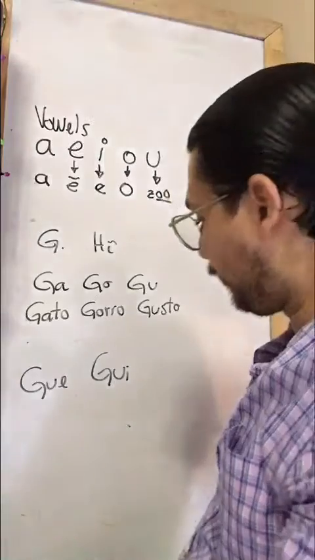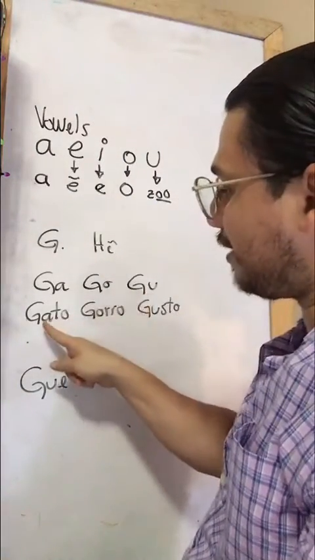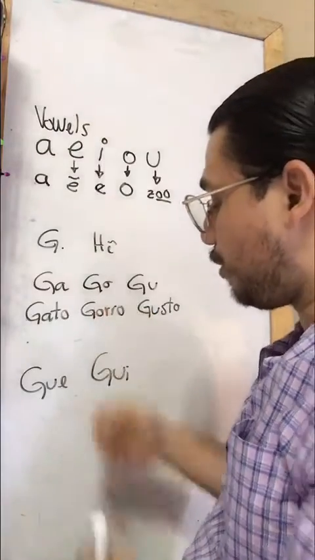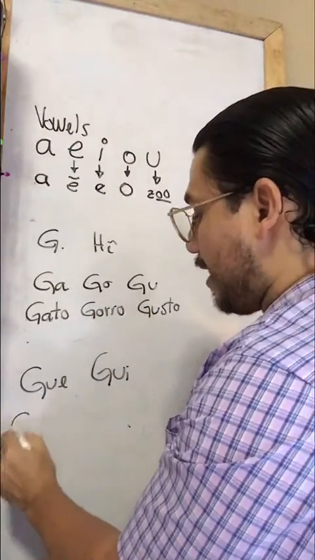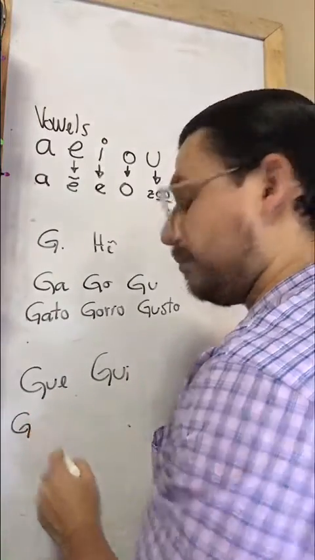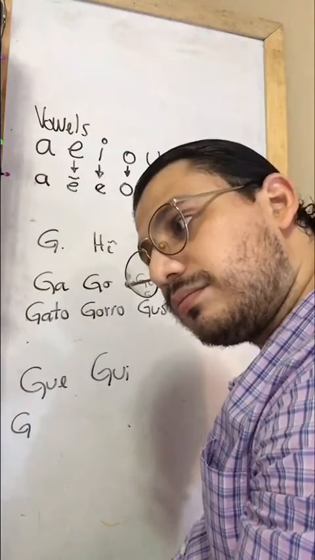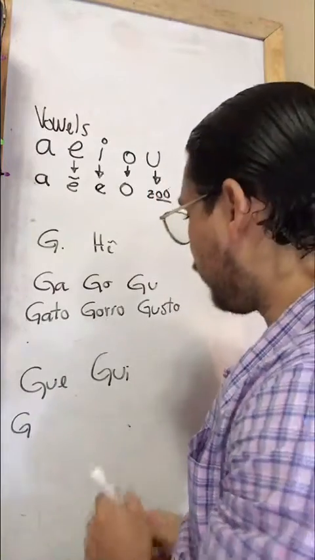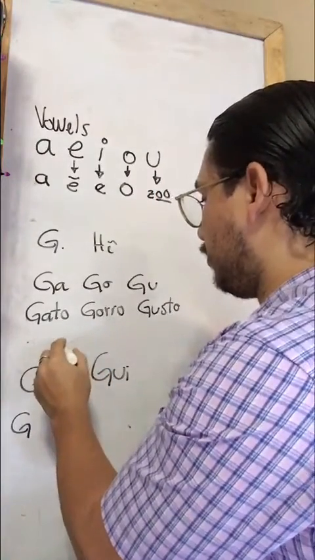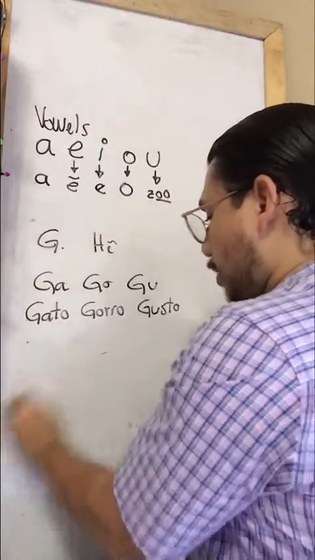But in the case of ge and gi, it doesn't follow the same, because in these words we don't use a u between them. Well, I mean, we can say gesto, but it's a different one. Sometimes it depends on the word.